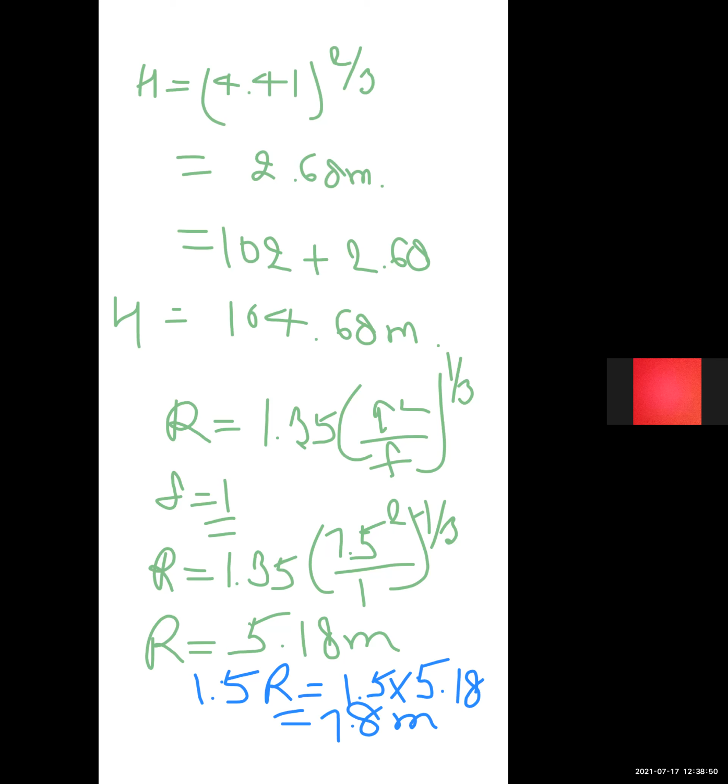Solving up to this point, now we have to find the level of bottom of upstream sheet pile. So upstream depth is calculated as 104.68 minus 7.8 meter. So how much is this value? That is 96.88 meter.